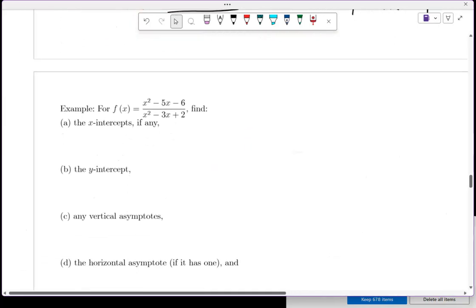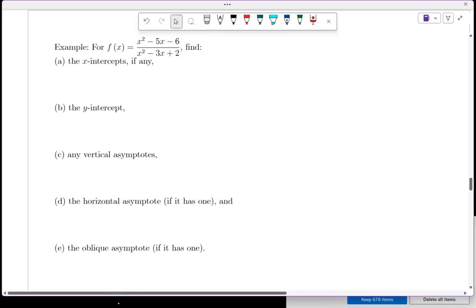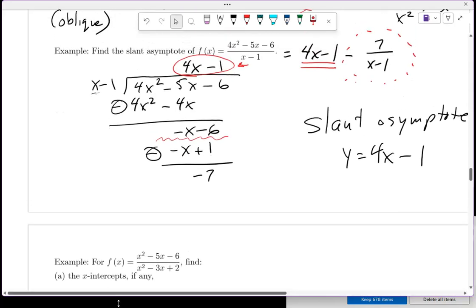All right, so let's see if we can put all this stuff together to get some graphs. That's the whole point of this. The idea is to get a whole bunch of information about the function and use it to sketch a pretty darn good graph of what's going on.